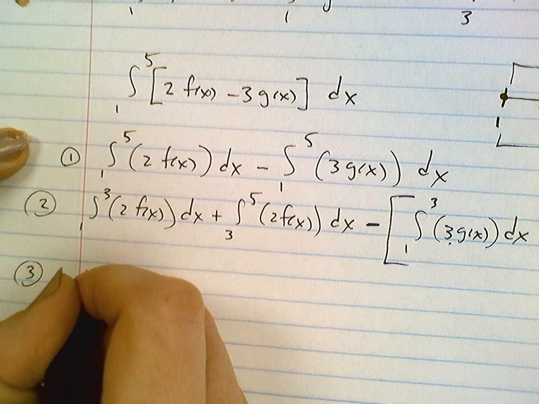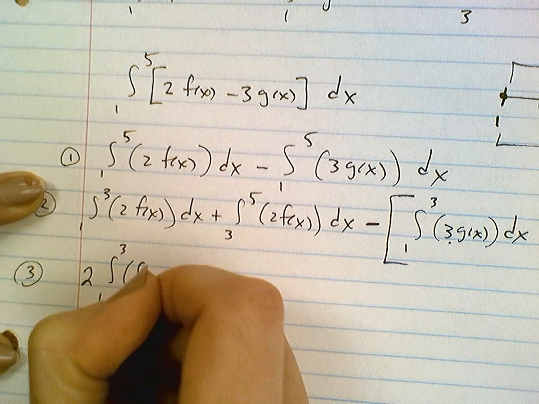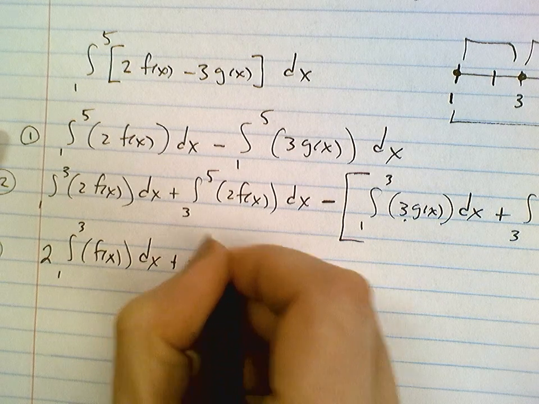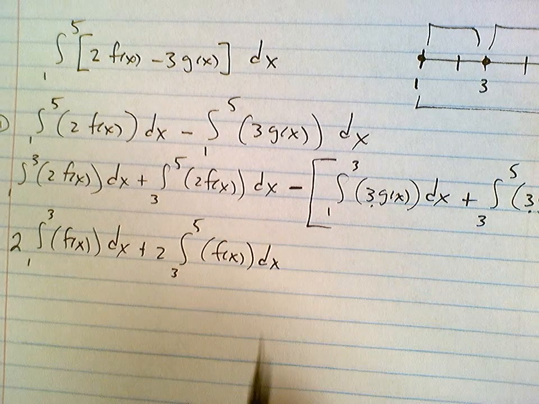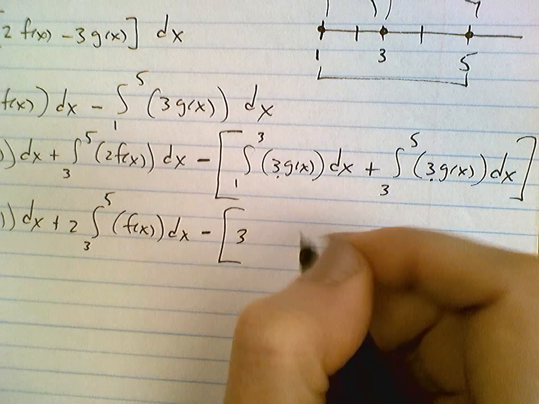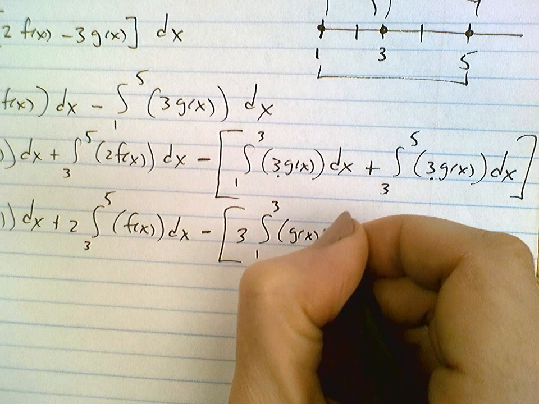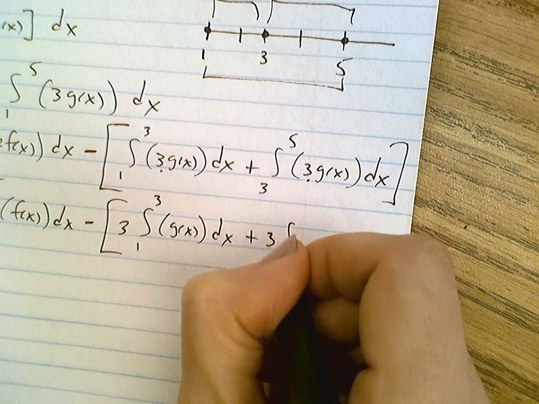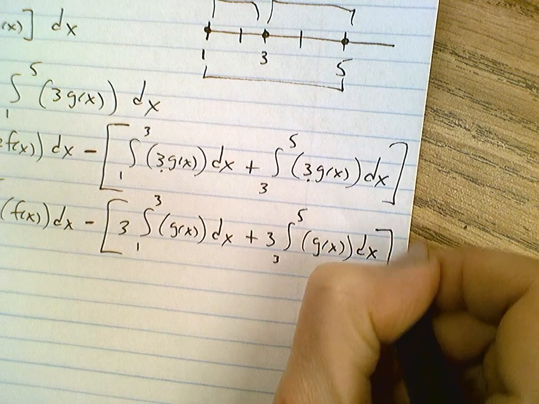Okay, so I can pull out this constant multiple. So 2 times the integral from 1 to 3 of f(x) dx plus 2 times the integral from 3 to 5 of f(x) dx minus 3 times the integral from 1 to 3 of g(x) plus 3 times the integral from 3 to 5.